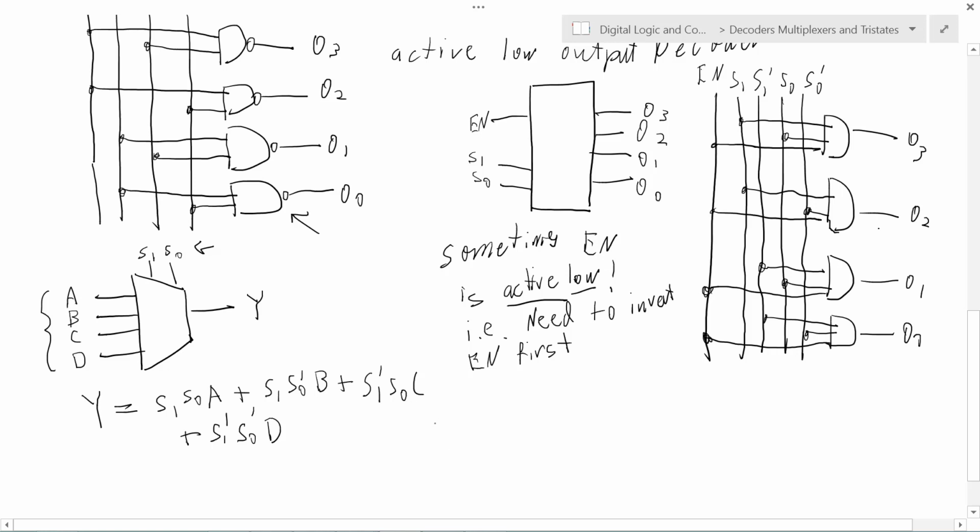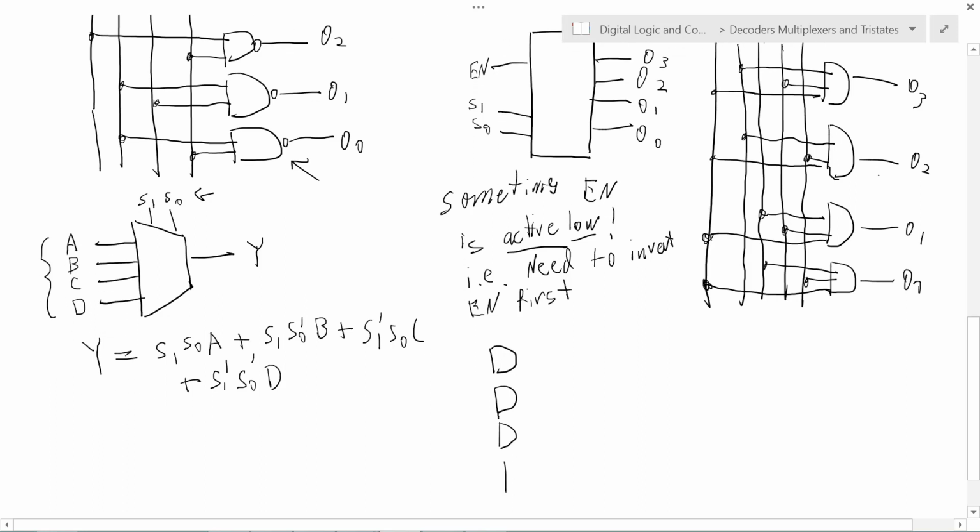How does this look when we implement it? Well, it is 4 AND gates driving an OR gate. So we'll take S0, S0 prime, S1, and S1 prime.